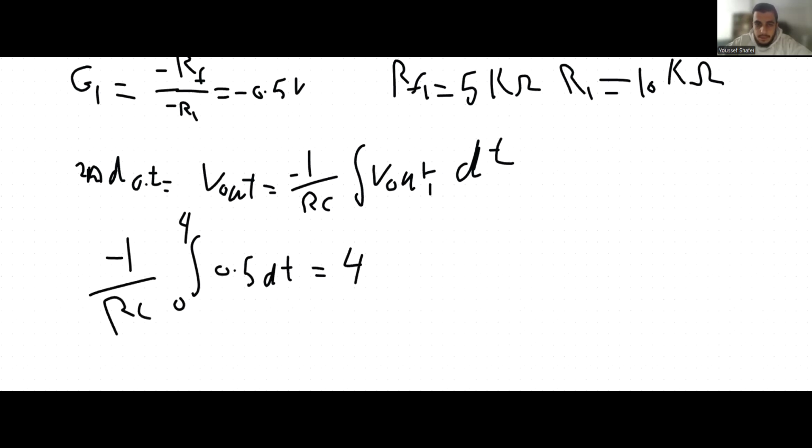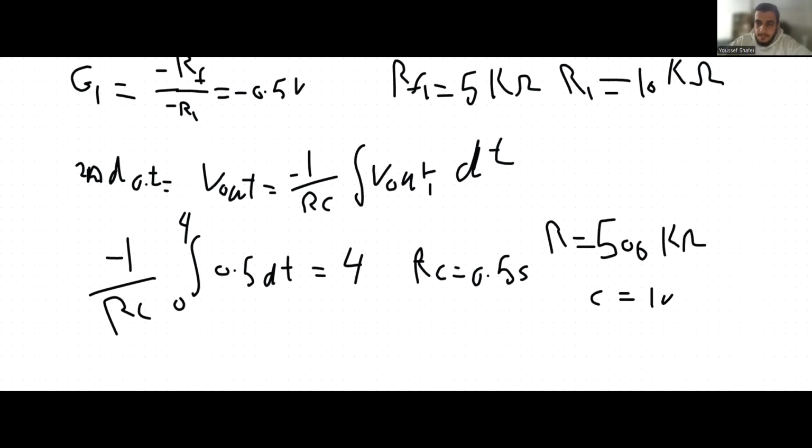So RC equal to 0.5, and R equal to 500 kilo ohm and C equal to 1 microfarad.